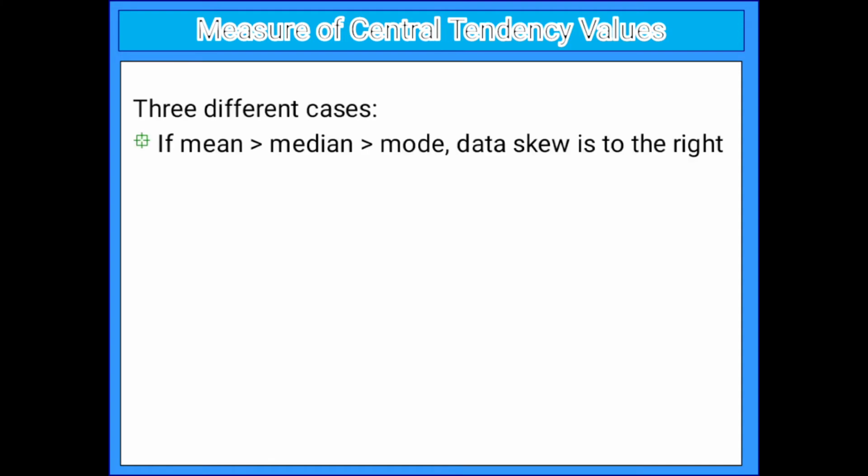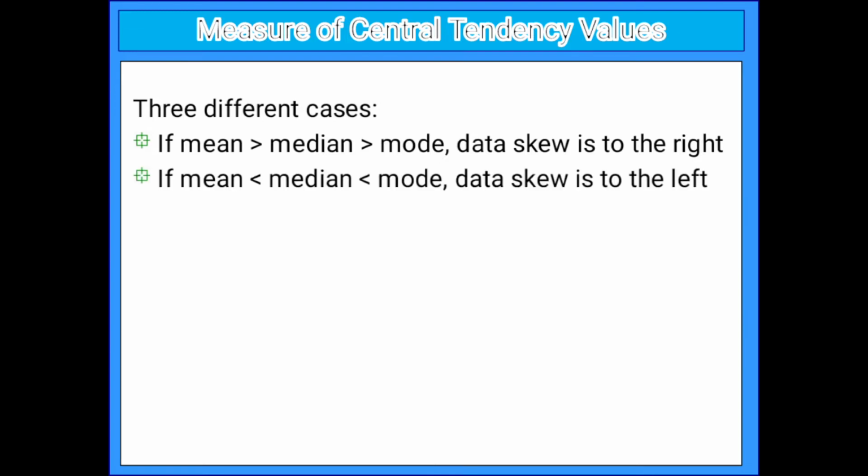So let us take now one of the examples for using the measure of central tendency values for getting the shape of the distribution. So we have three different cases here. If the mean is the highest value in the data, it means that it is skewed to the right.